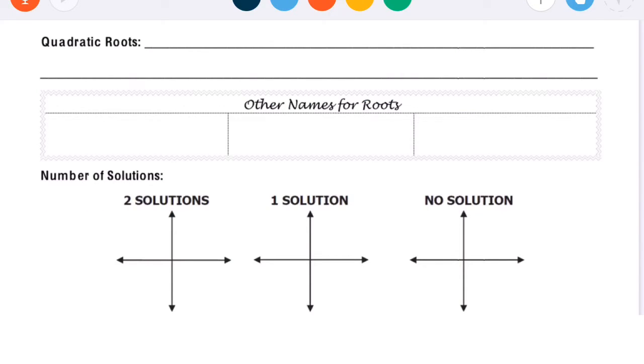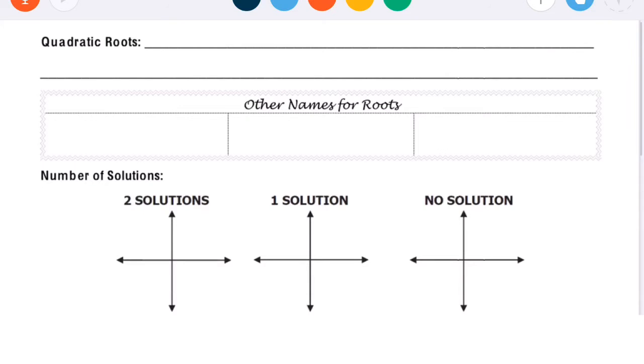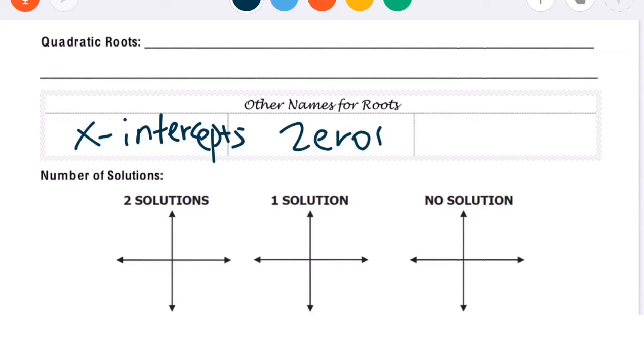So, we are going to start with defining what quadratic roots are. Now, I just called them zeros. There are actually like 4 different words that kind of mean the same thing. So some other words for roots are x-intercepts, zeros, and solutions.